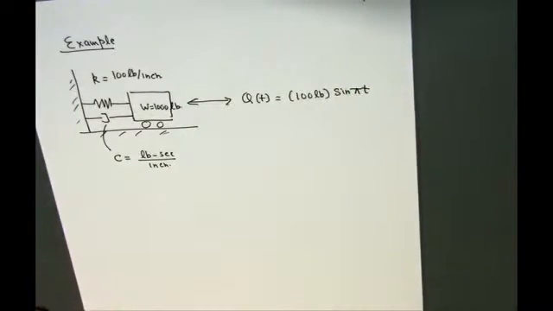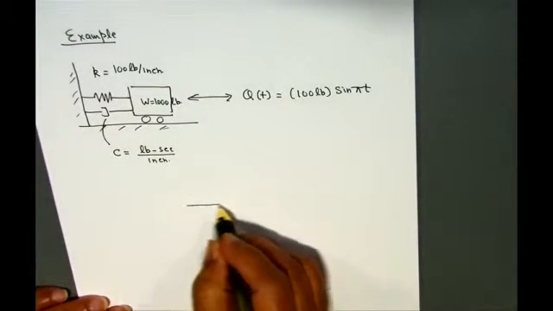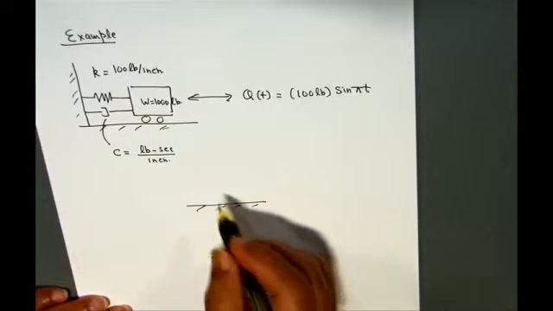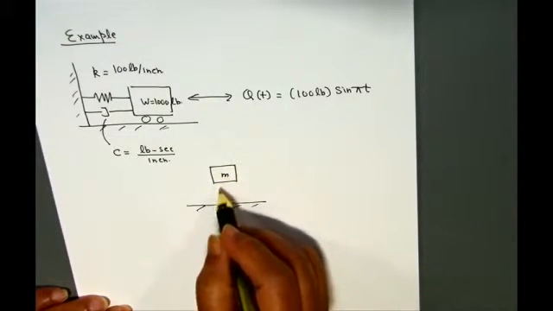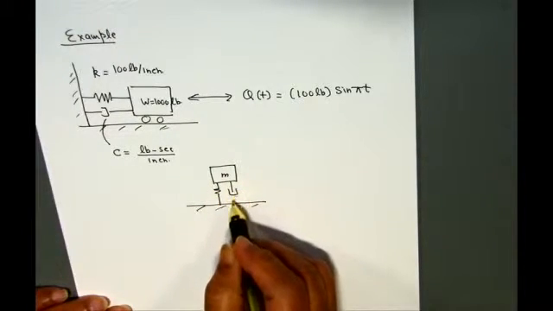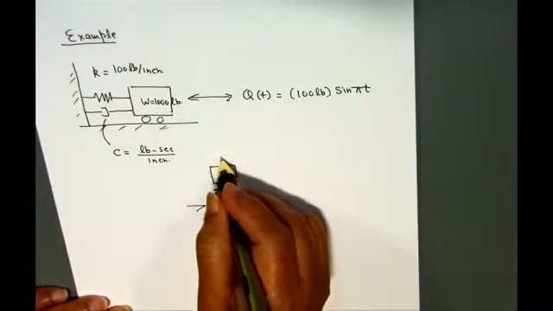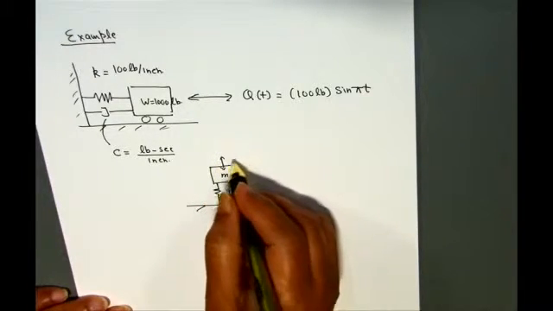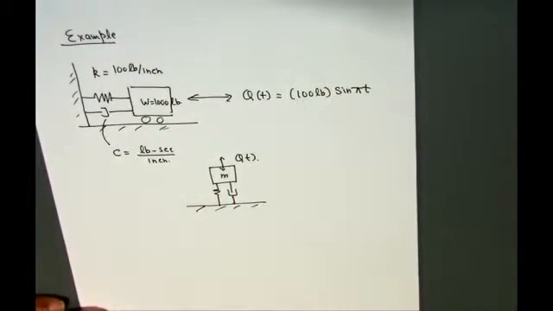Now, you can say, well, what is this system like? Is this a real system? Yeah, this is a very real system. I want you to think of this system like this. We have a mass, and a spring connected to it, and a dashpot, and we are subjecting this mass to a force Q of t. Now, what does this represent?